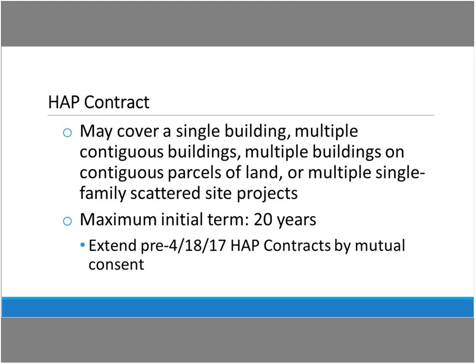If they are bigger than that and you want to bundle, you would need multiple HAP contracts. So a single HAP contract is available if you have multiple sites, multiple parcels, non-contiguous, with buildings containing 4 or fewer units. If you have more than 4 units, then they would need to be in more HAP contracts.